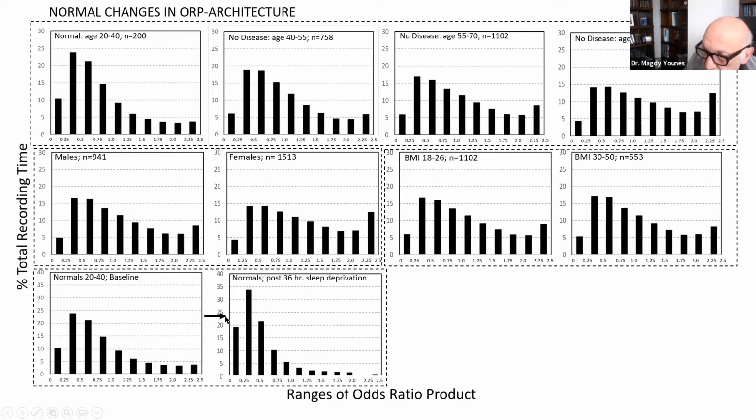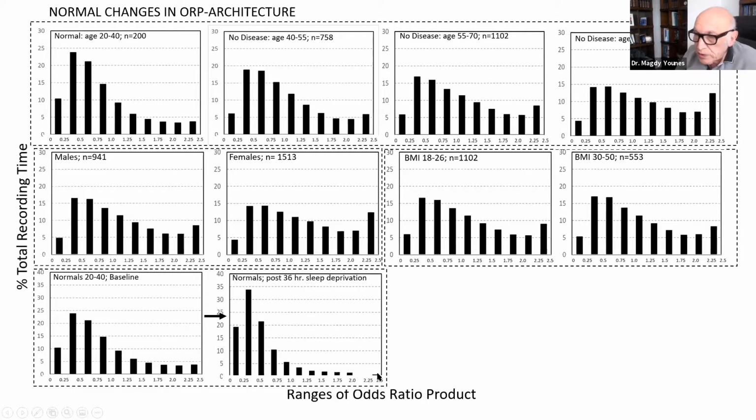But after 36 hours of sleep deprivation, this shows you the pure effect of sleep loss or high sleep pressure on this kind of architecture. You see that the deepest sleep went up from about 10 to about 20. The next one went up from 24 to 34, and there are now almost no epochs in the highest full wakefulness.